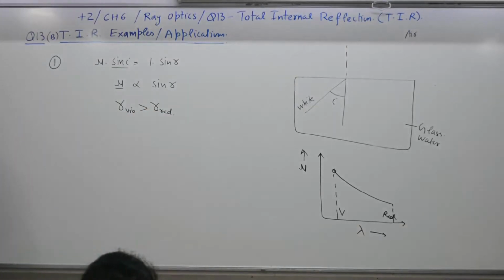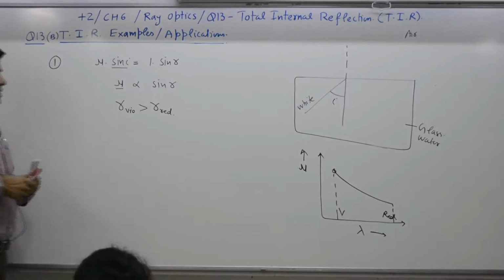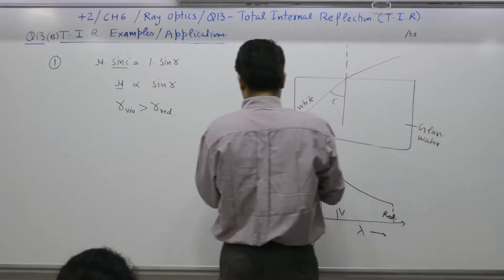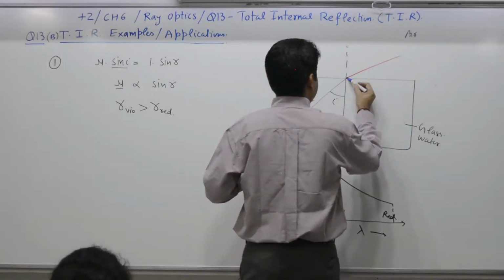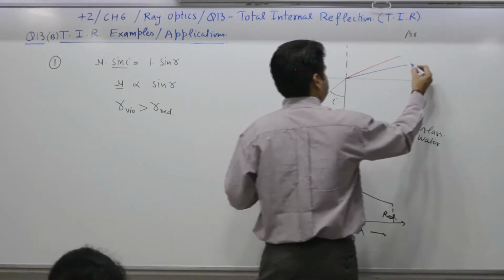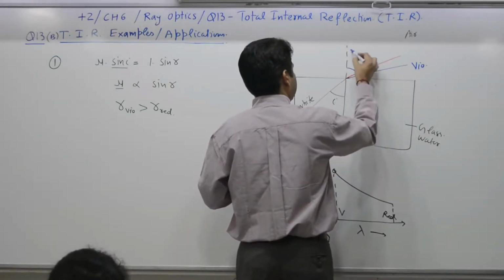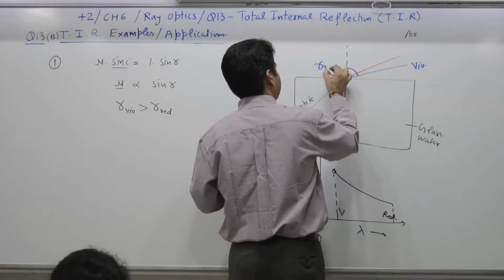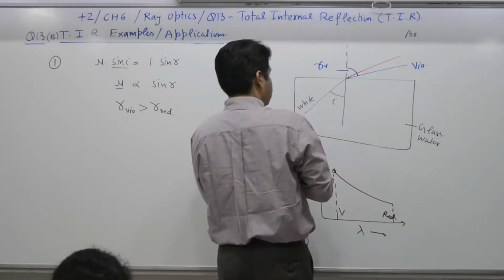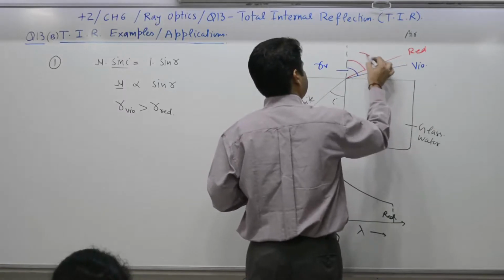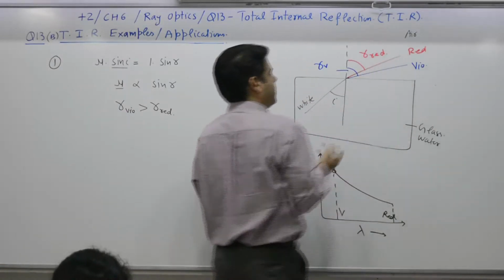That means when you actually see this, this is violet color, angle r for violet. This is red, r for red color.